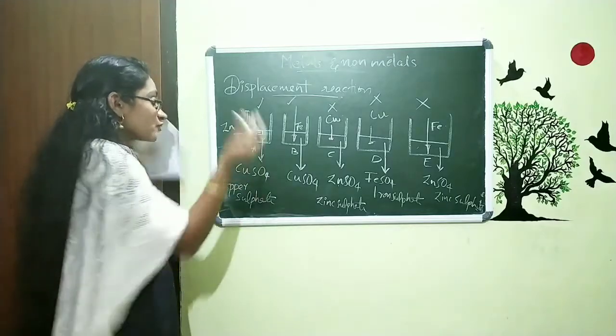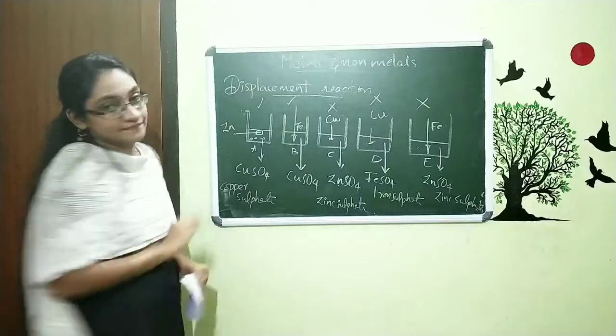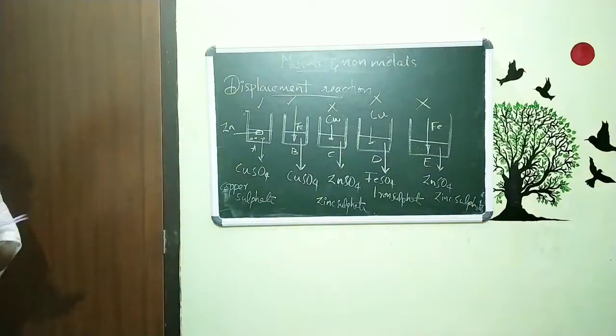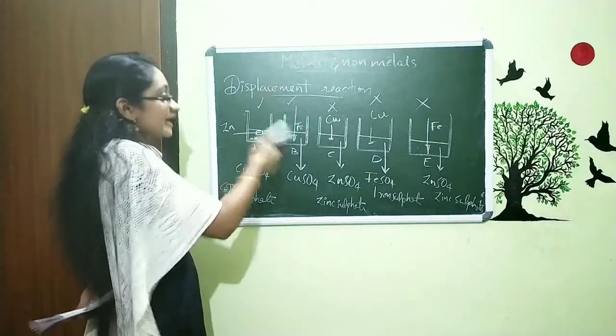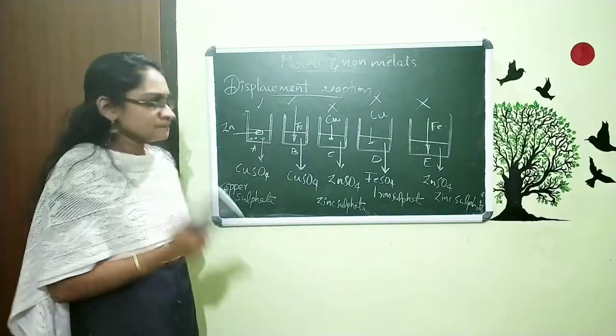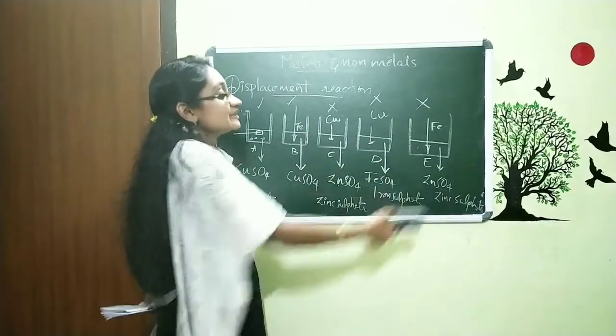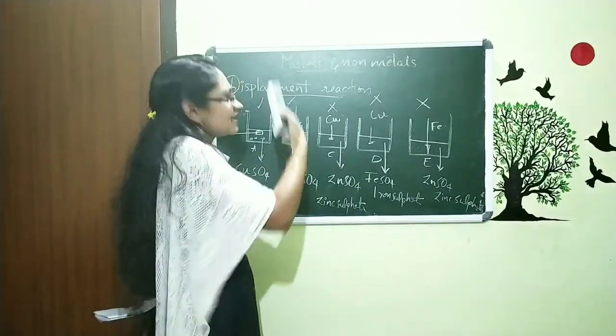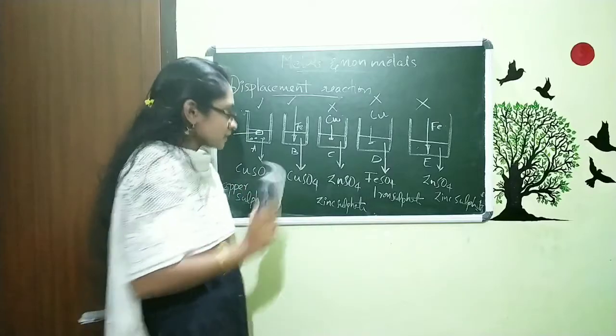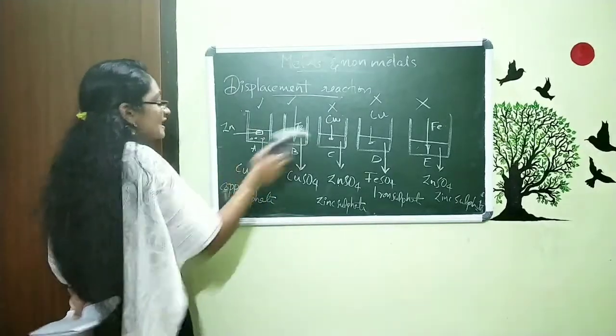Now we are going to focus on A and B and discuss them in detail. Just keep in mind that in beakers A and B a reaction occurs, and for C, D and E no reaction occurs, and that's why they remain the same as before. Now we are focusing on A and B.